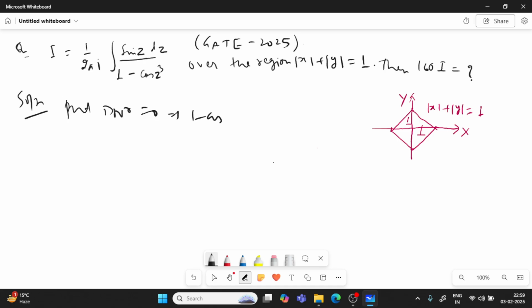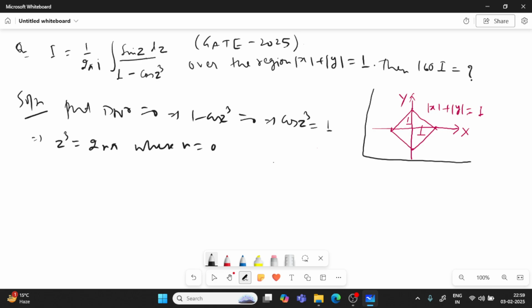That implies cos z cube equals 1, which implies z cube equals 2n pi, where n equals 0, plus minus 1, plus minus 2, and so on.